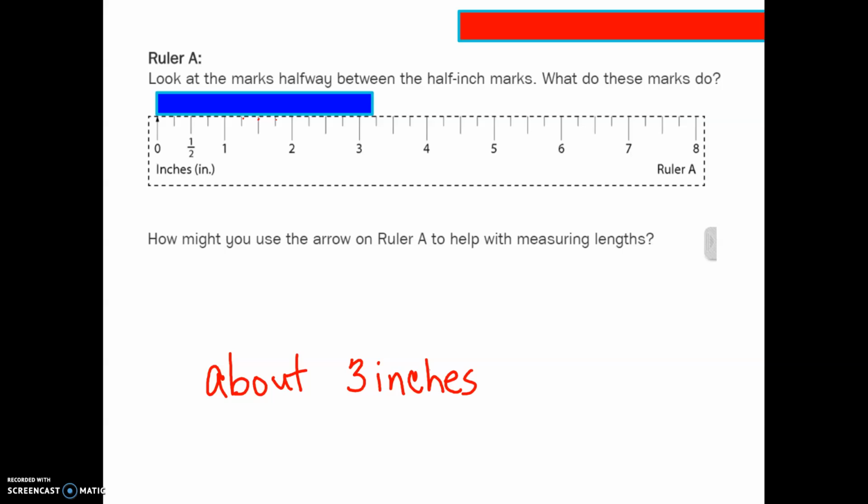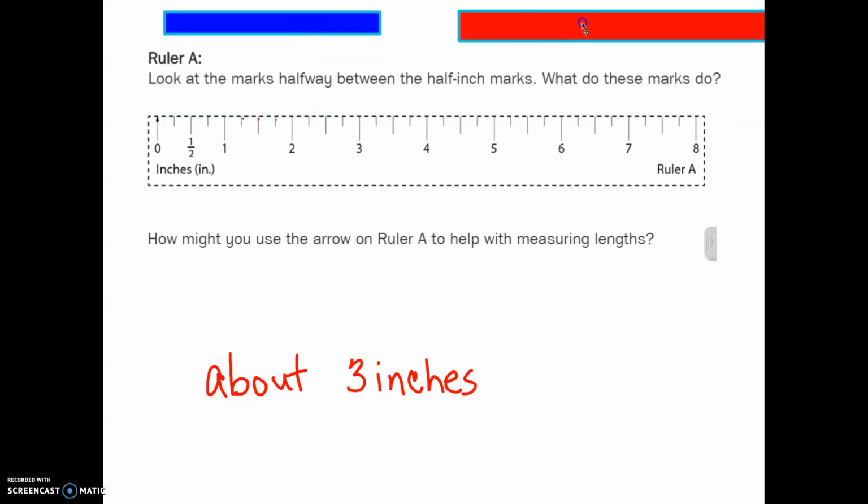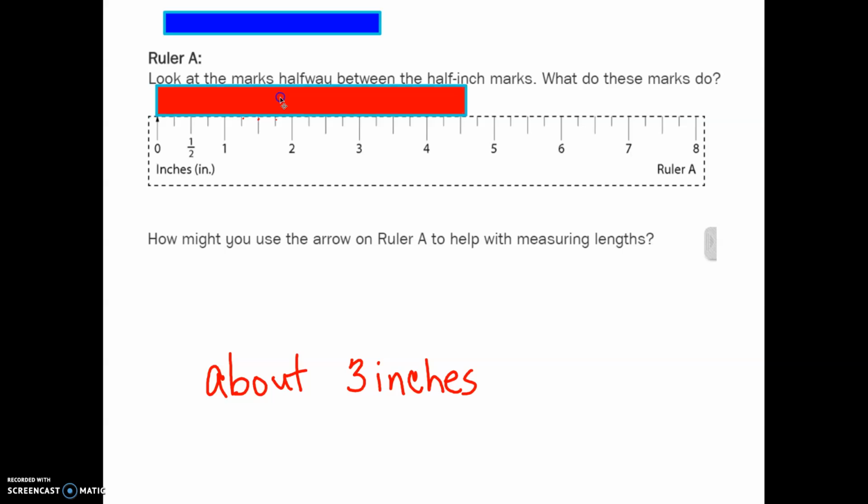Okay, now I'm going to switch out the red object and the blue object. The line, I'm going to take the red one. Line it up at that 0. Okay, now when I look at this one, well, it's not closer to the 4, is it? It's a little bit closer to the 5, so if I had to decide which inch it's closer to, I would say it is closer to 5 inches.